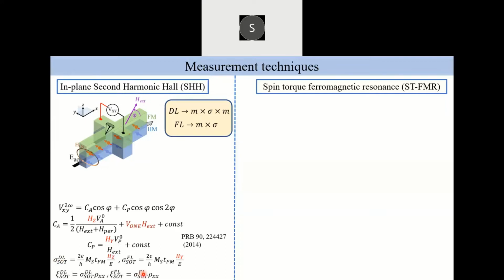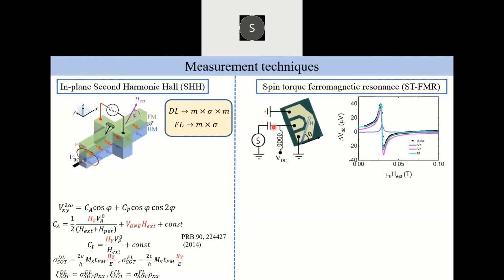In the case of STFMR, if we pass RF current in a heavy metal ferromagnet bilayer, then when the resonance condition is met for the ferromagnet at a certain frequency and field, it drives the magnet into resonance, and this anisotropic resistance changes with time.